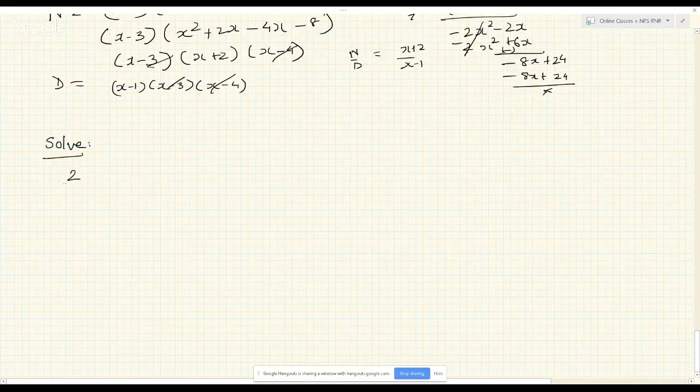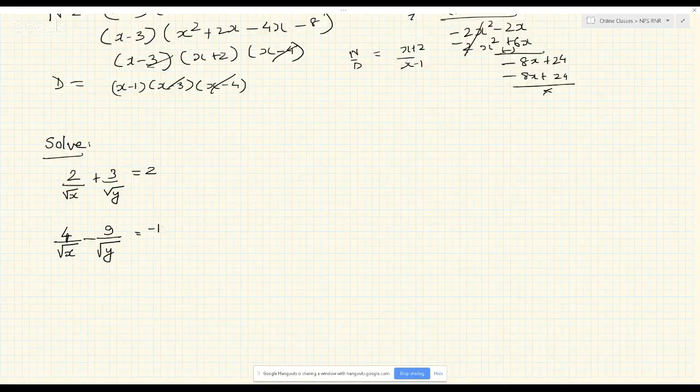Solve 2 upon root x plus 3 upon root y equals 2, and then 4 upon root x minus 9 upon root y equals minus 1. 2 upon root x plus 3 upon root y equals 2. 4 upon root x minus 9 upon root y equals minus 1. Solve.